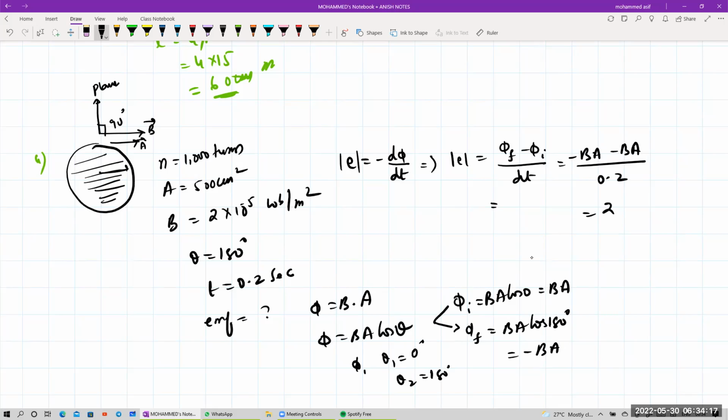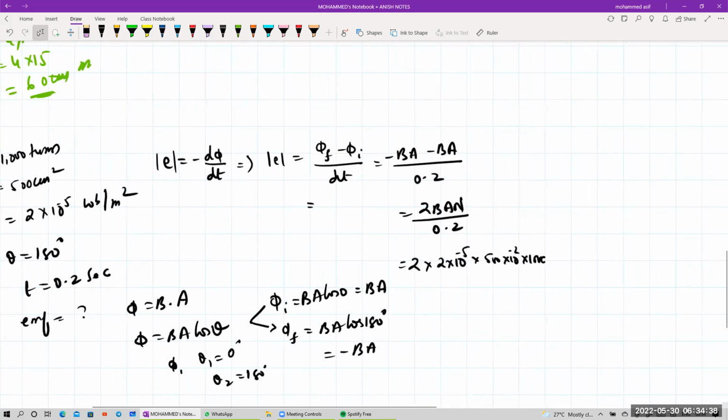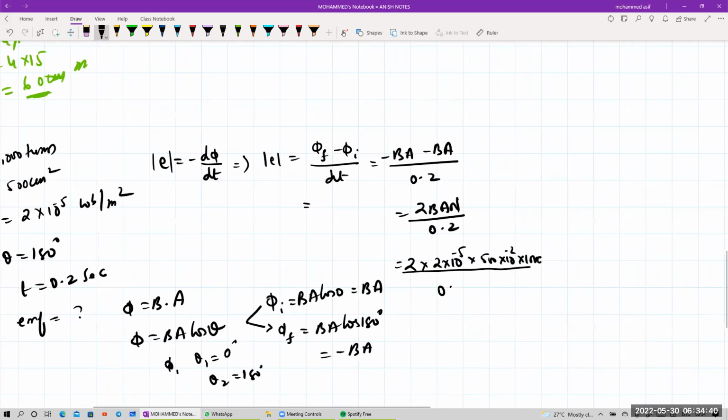So that means 2 BA, number of turns N, divided by 0.2. That will be equal to 2 into magnetic field, 2 into 10 to the power of minus 5, into area 500 into 10 to the power of minus 2, number of turns 1000, divided by time 0.2.